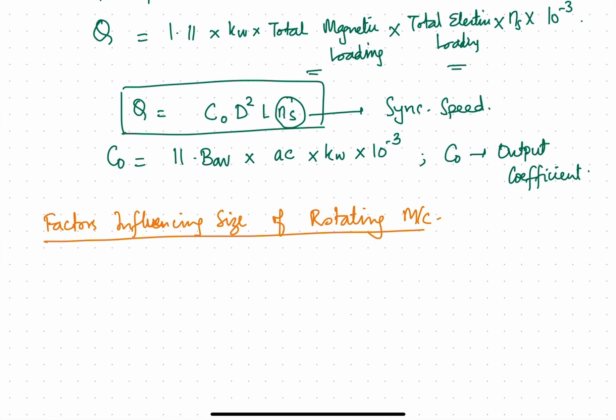If you see in both the output equations, you see this D square L and this speed. For the same output Q, these factors D square L and n have a relation. So what is that relation? Let's see.